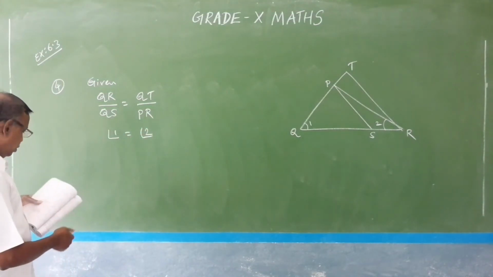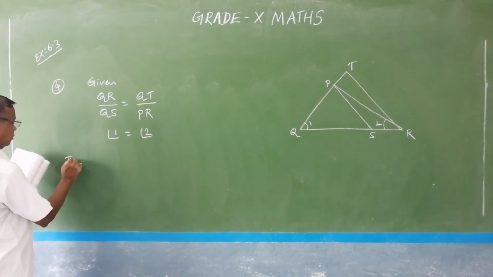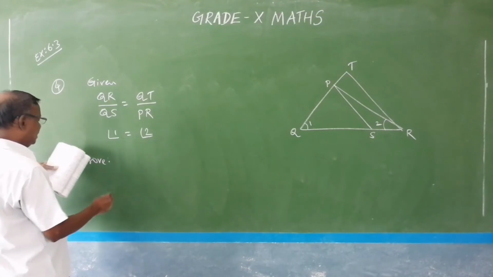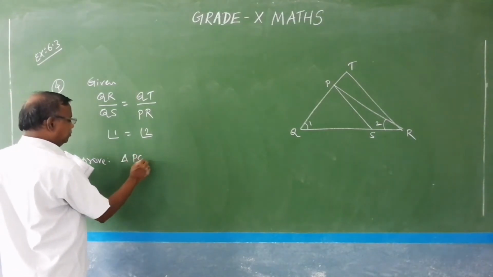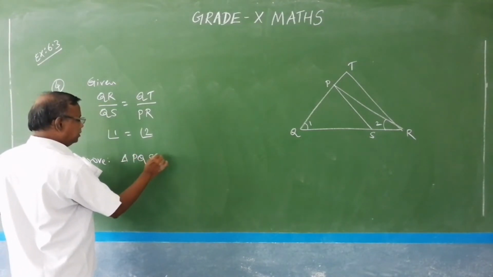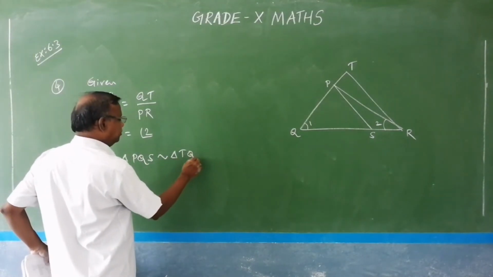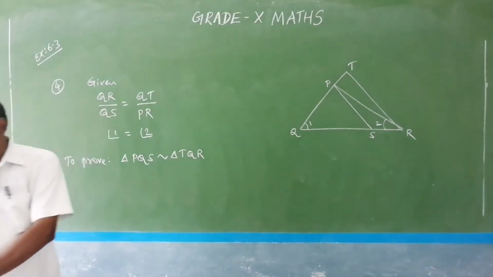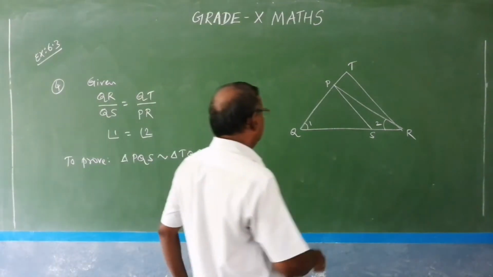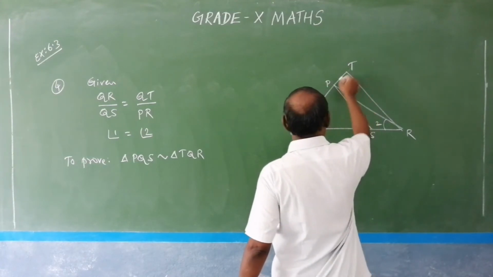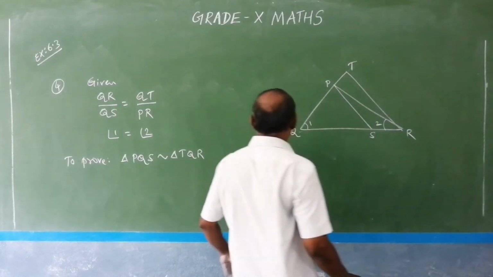We need to prove triangle PQS similar to triangle TQR. Look at here. So triangle PQS is similar to triangle TQR.